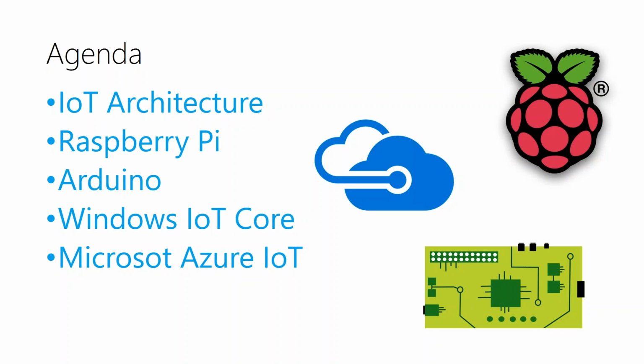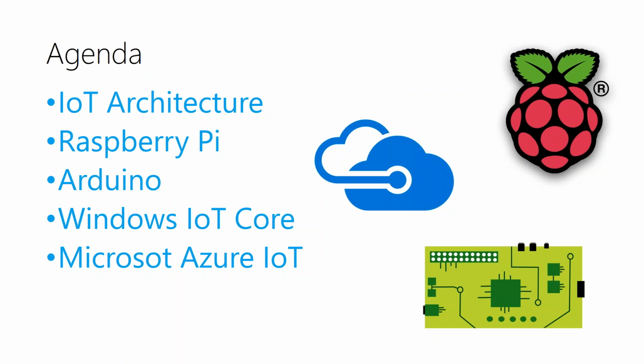The agenda of the webinar: we'll get into some of the general IoT architecture, and then later we'll discuss the Azure services behind the scenes that help fuel that in the cloud. We'll also touch on Raspberry Pi and Arduino, a couple of the prototyping platforms.